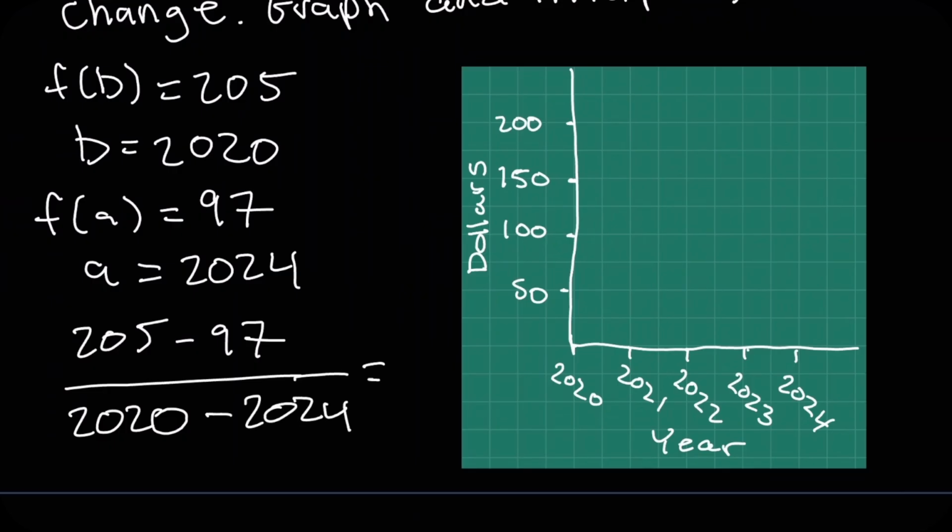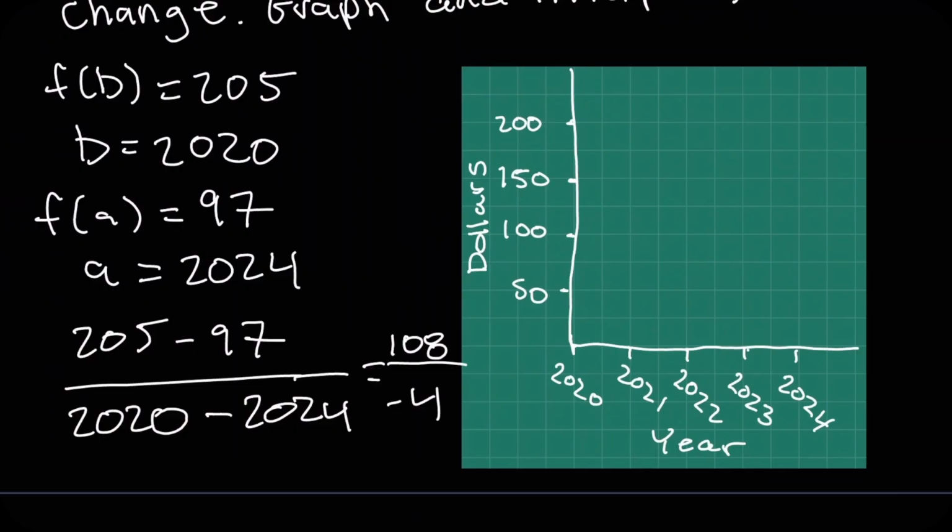This will get us 205 minus 97, which is equal to 108. And then we will divide that by 2020 minus 2024, which is going to be equal to -4.